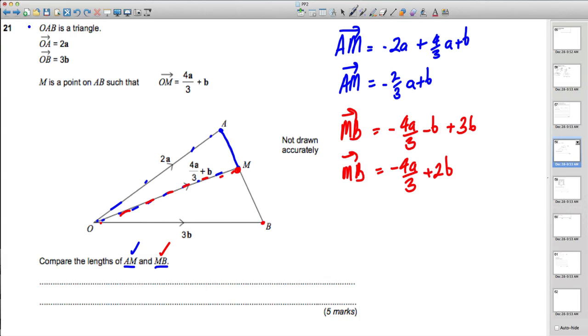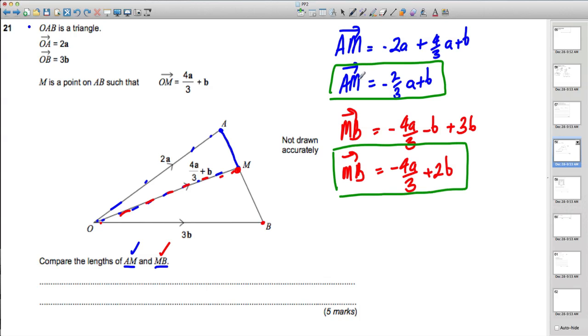Okay, now let's look at them in isolation. Let's look at this one, and let's look at this one. Can you see that MB is twice this one? Because if you double this, yeah, you get negative 4/3 A plus 2B. So therefore twice the vector AM is equal to the vector MB.